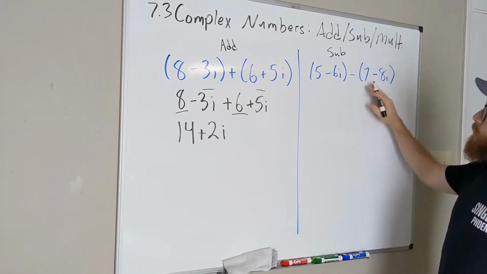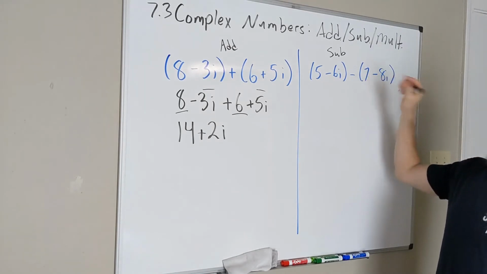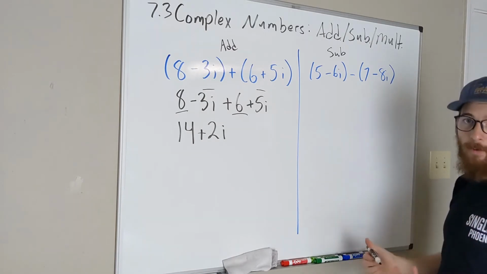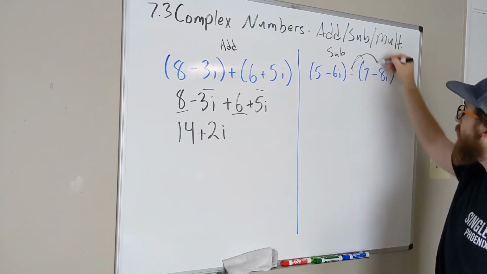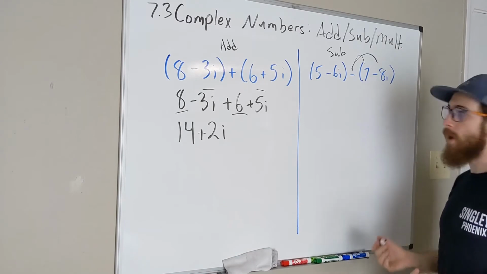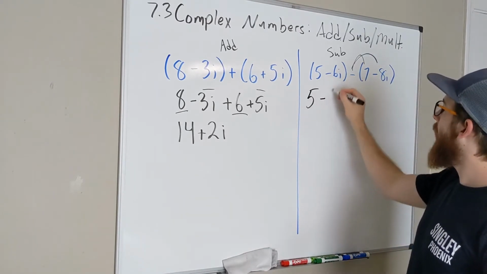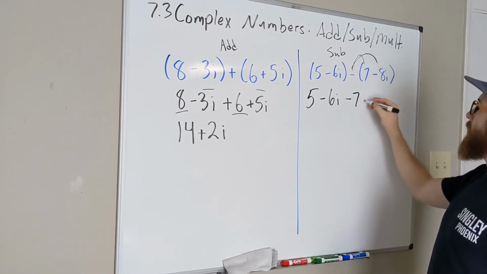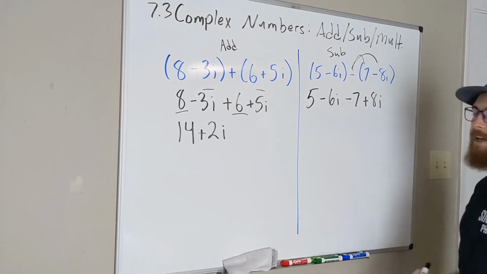Let's look at subtraction. The first step for subtraction when we have polynomials like this is always to distribute. So I need to distribute the negative and drop the parentheses. So 5 minus 6i, negative 7, positive 8i.